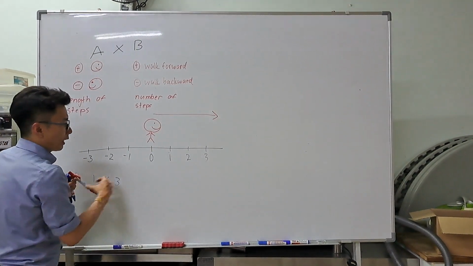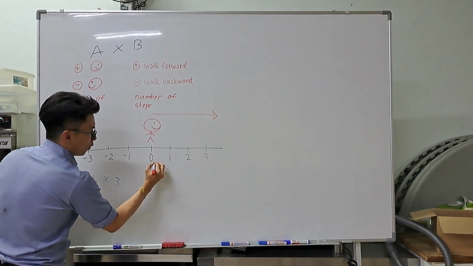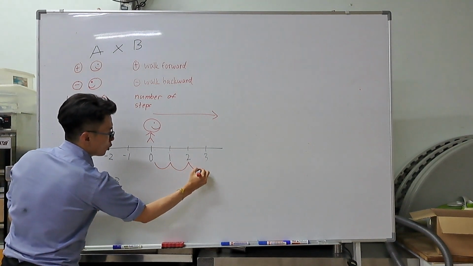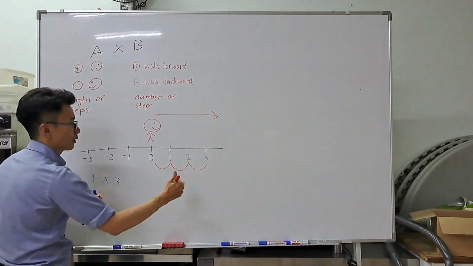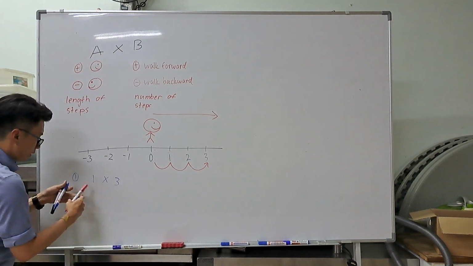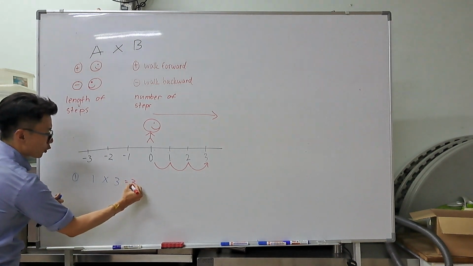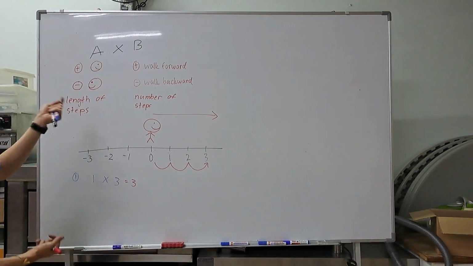The length of my step is 1 unit, and I'm taking 3 steps, so 1, 2, 3. True enough, 1 times 3, I end up with 3. That is how we play with this analogy.